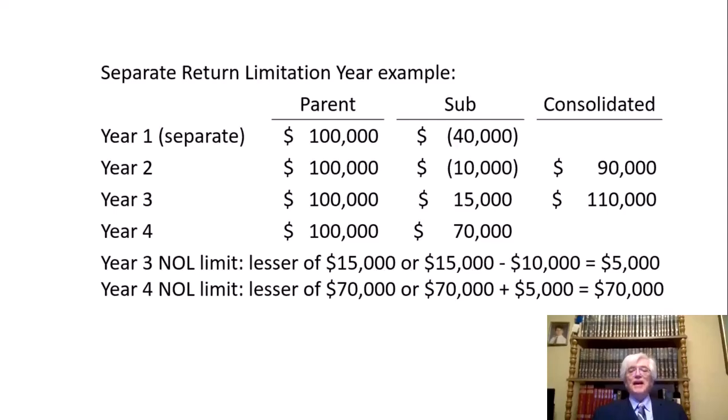That gives us 70,000, but of course the only NOL left is what's left of that 40,000. We used 5 in year three, so we've got another 35 that we can subtract in year four. And so we're at 135. 100,000 plus 70,000 minus 35 is 135.